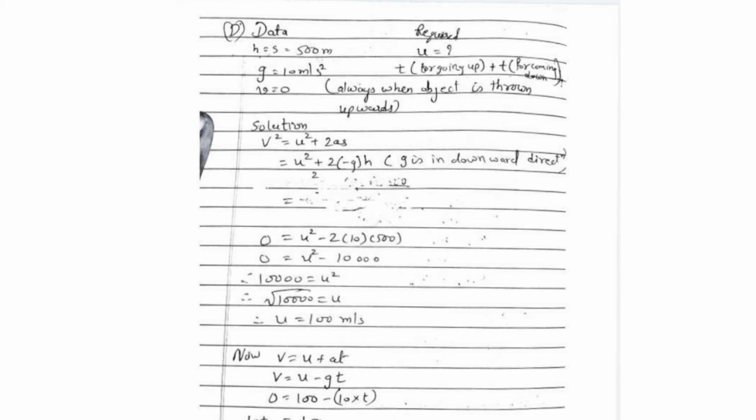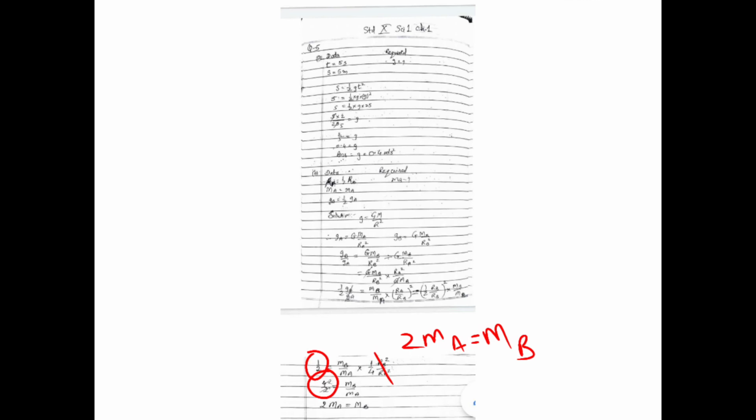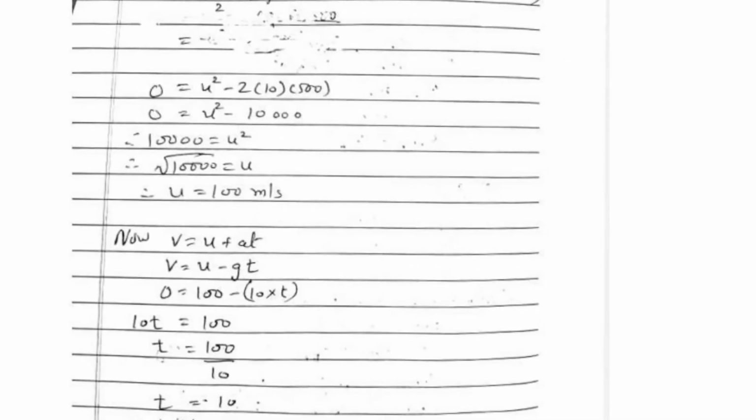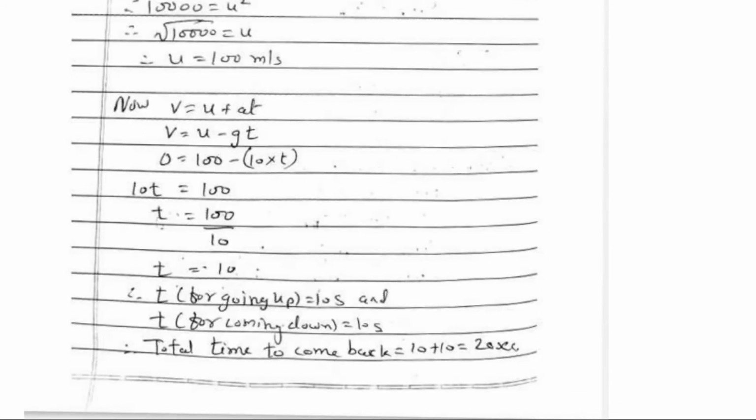Correct? U square minus 10,000. Now come on, take the 10,000 on the left hand side. So you will have 10,000 is equal to U square. So of course U will be the square root of it, right? So our U will be square root of 10,000, and that is 100. So we got U as 100 meter per second.